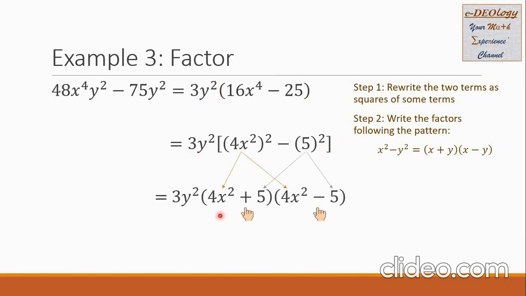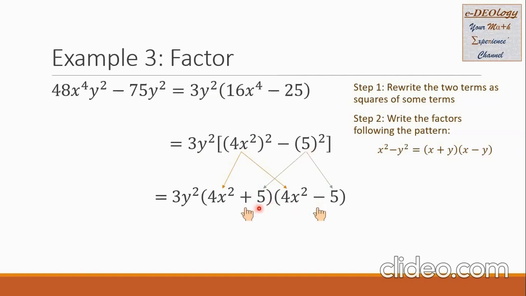For step 2, we are now expecting two binomials here. The first term will be the 4x squared. It's now here and also here. And then for the signs, we will have the plus and minus. And for the second term of the binomials respectively, it will be this number 5.